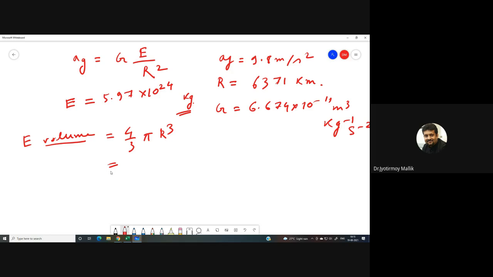Let's express that in terms of meter cube.